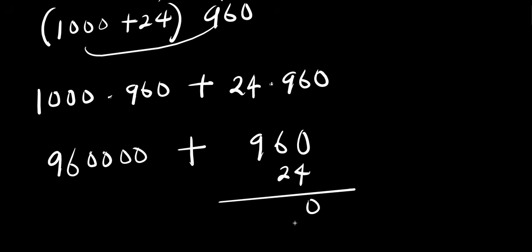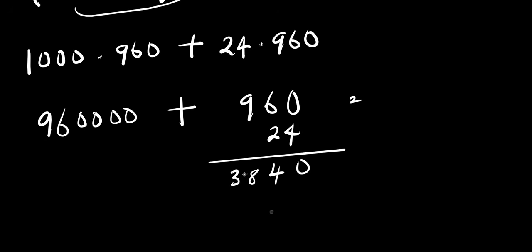4 times 0, 0. 4 times 6, 24. 4 carry over 2. 4 times 9, that is 36 plus 2, 38. 2 times 0, 0. 2 times 6, 12. 2 carry over 1. 2 times 9, that is 18. 18 plus 1, that is 19.